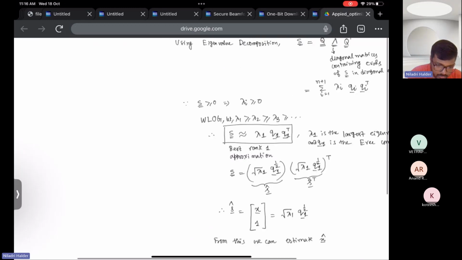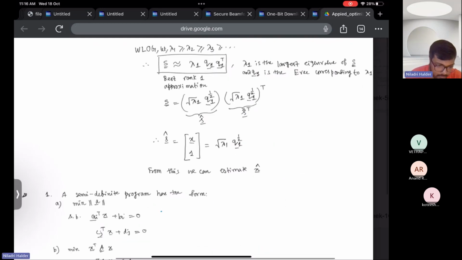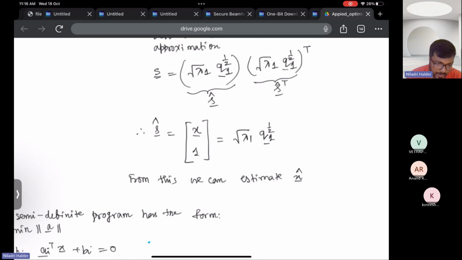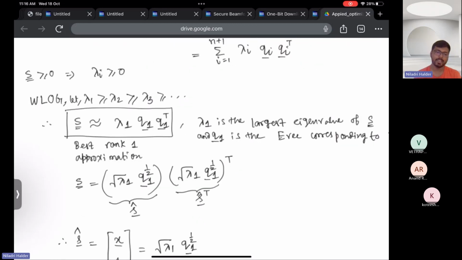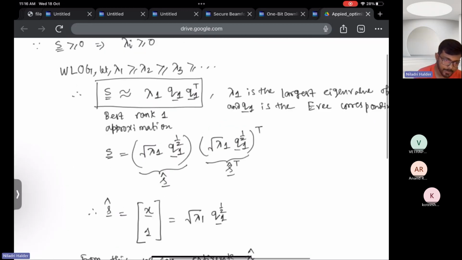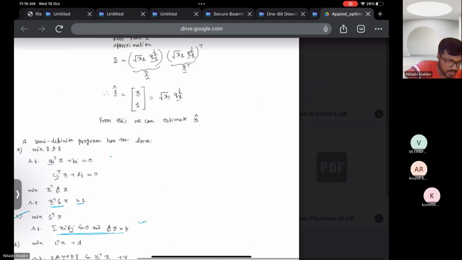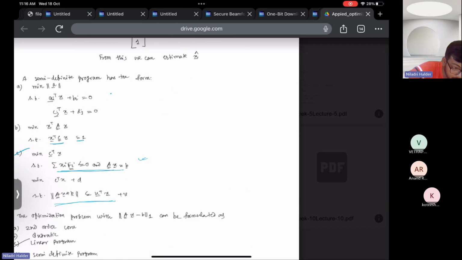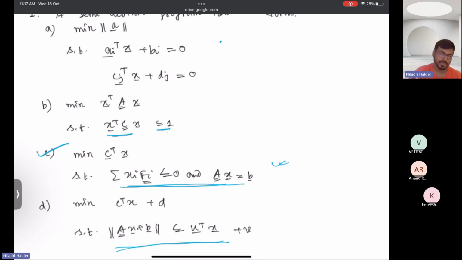From this we can estimate S, where S is equal to root lambda 1 Q1, where Q1 is the eigenvector corresponding to the maximum eigenvalue lambda 1 of capital S. This is just the derivation, from the basic definition of which problem is a semi-definite problem.